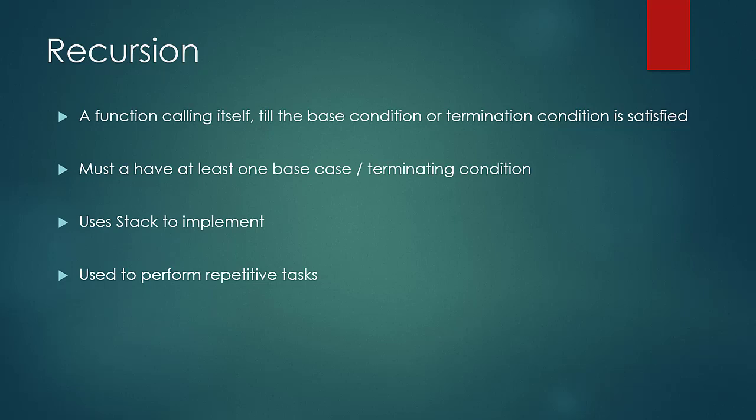Basically, the problems which we can solve by dividing them into smaller tasks, and then using the results of the smaller tasks to get the final result, can be easily done by a recursive function, but would be complicated to implement using iterative statements.